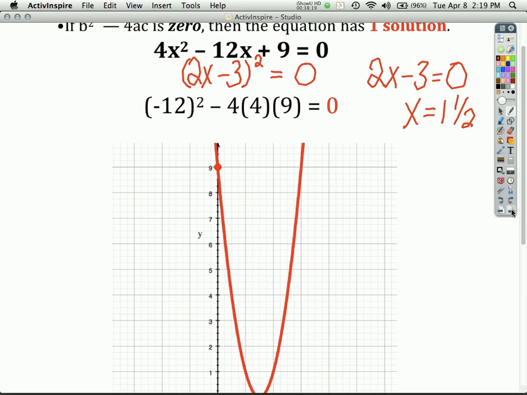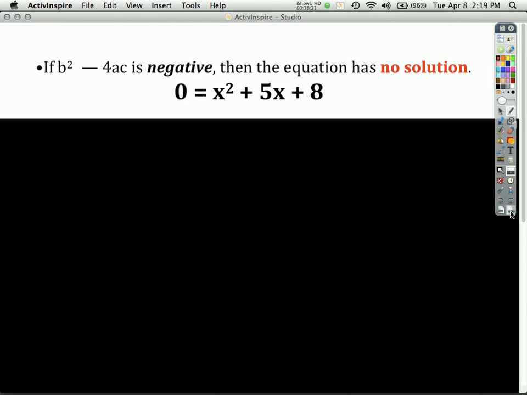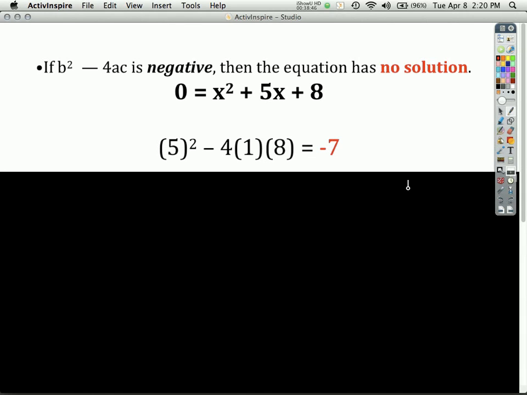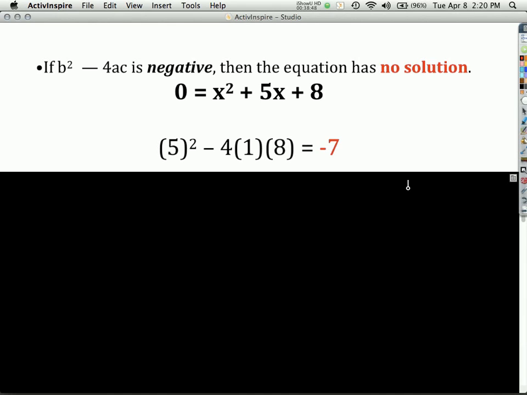Any other comments, questions? So let's take a look at what happens when the discriminant is negative. So here's the quadratic. 0 equals x squared minus 5x plus 8. When we do the discriminant, we end up with negative 7.